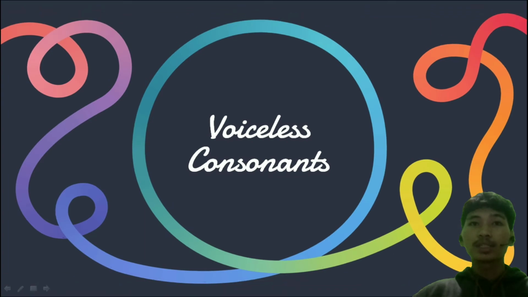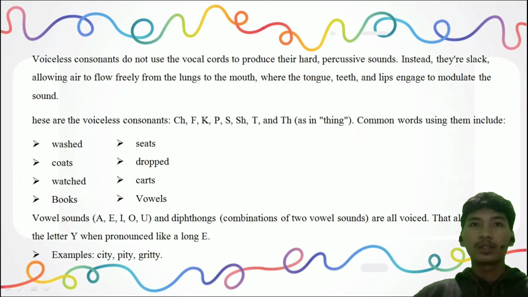Next is voiceless consonants. Voiceless consonants do not use the vocal cords to produce their hard, persuasive sounds. Instead, they are slack, allowing air to flow freely from the lungs to the mouth, where the tongue and lips engage to modulate the sound.